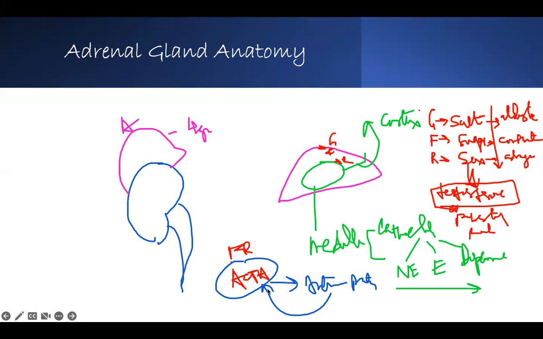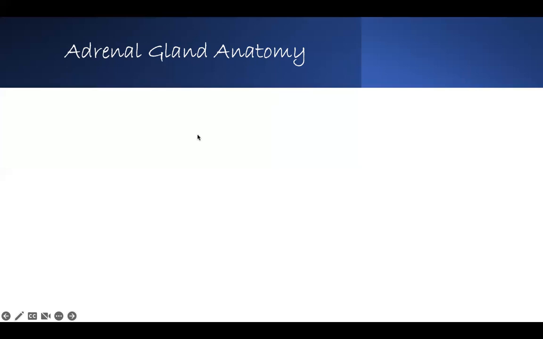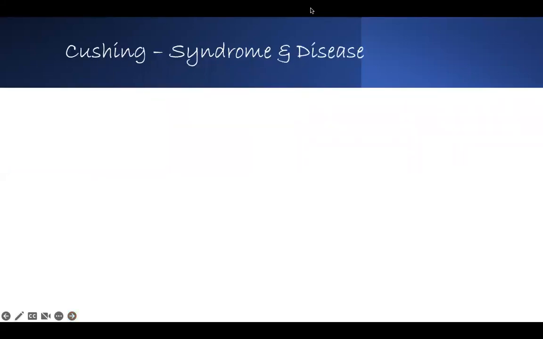There are 2 things you have to know. The adrenal gland plays a major role, and when you don't have it working properly, you can get into trouble really quickly. So why do we have something we call Cushing? Like I told you, the adrenal gland is involved with those hormones.